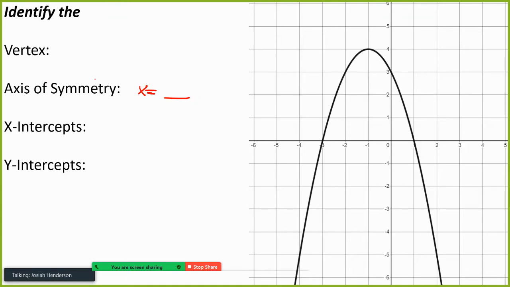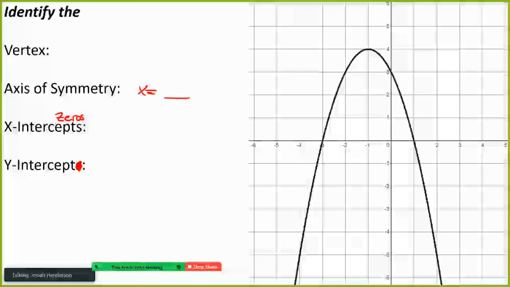Vertex, axis of symmetry, the x-intercepts, also known as the zeros, and then the y-intercept. I want to find these different parts. So examine this picture with me. And if you see the vertex and can label it and name it for me, please let me know. And same for the rest. So let me know if you can answer any of these, please.